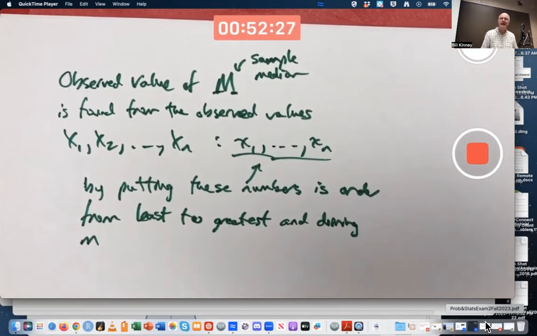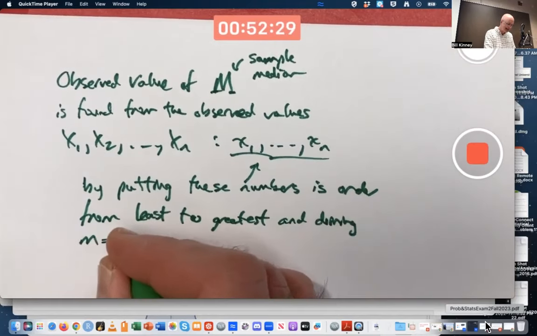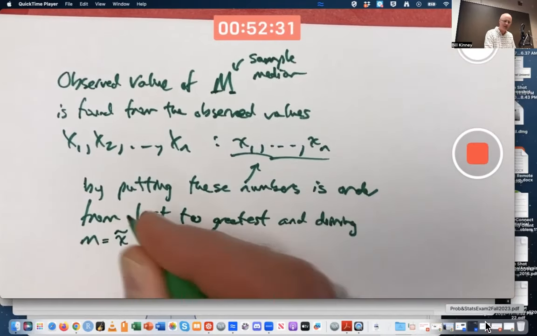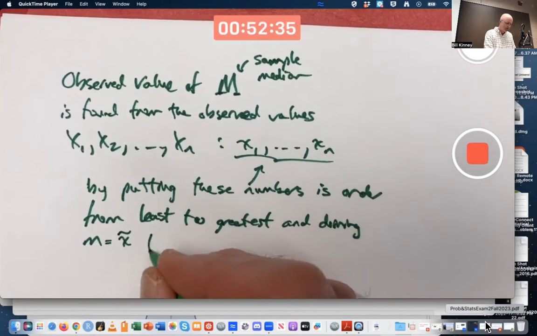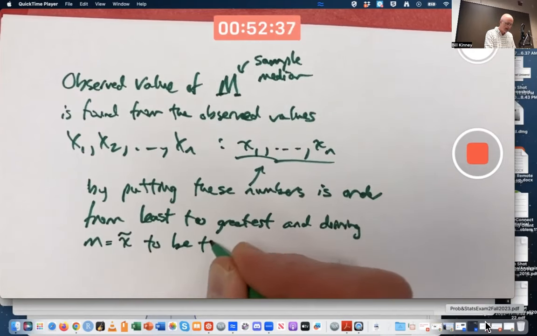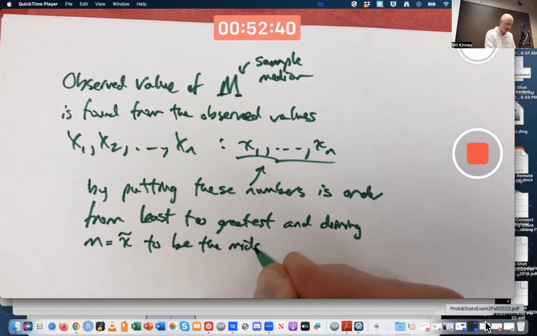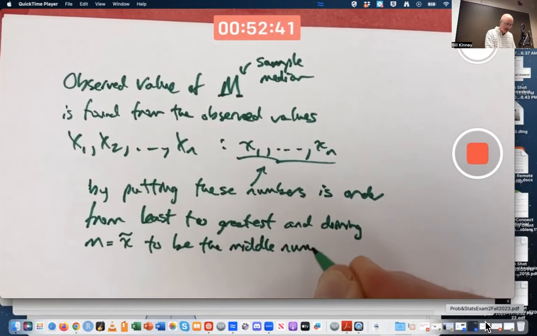Maybe that's not a good thing. The book calls this x tilde, like that, to be the middle number when n is odd.